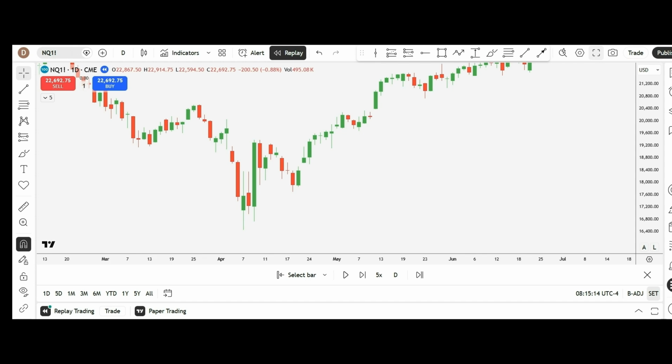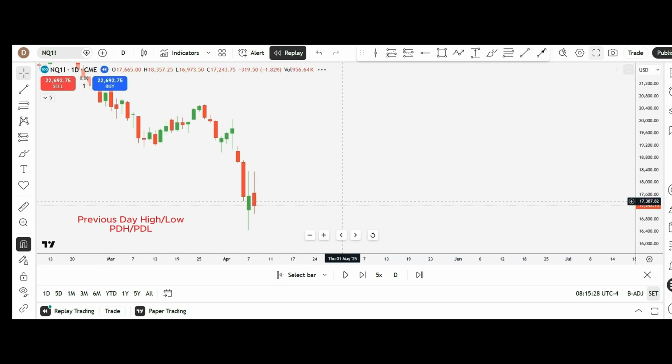And for me, here we are on the daily chart, and obviously the previous day high and previous day low are very important swing points.